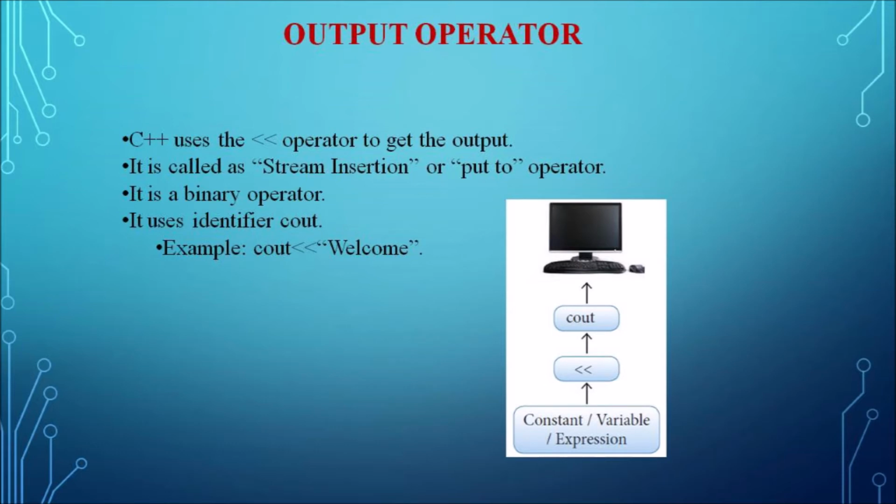Next we are going to see the output operator. C++ provides a separate operator for performing the output operation. It uses double less than. We can also call this operator stream insertion, whereas the input operator is called stream extraction because it extracts the input from the user.